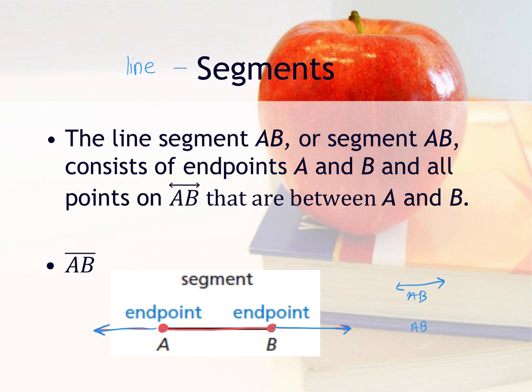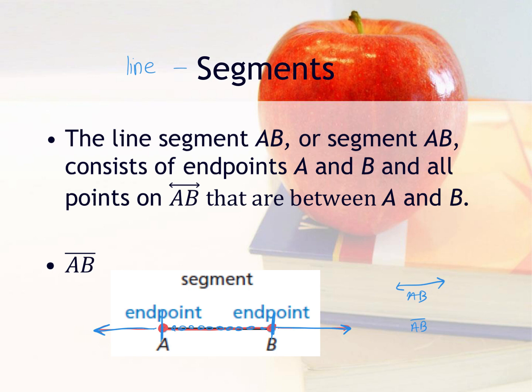Segment AB is all the points that start at A and end at B. There's an infinite number of points between those two endpoints. Because it's not all the points of the infinite line, we call it a segment, and the segment contains some of the points that are on the line.